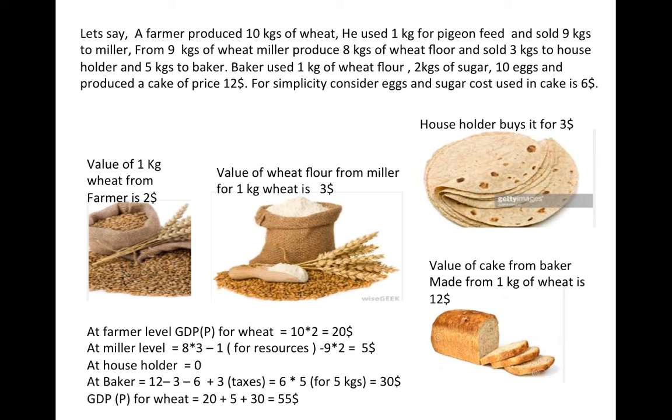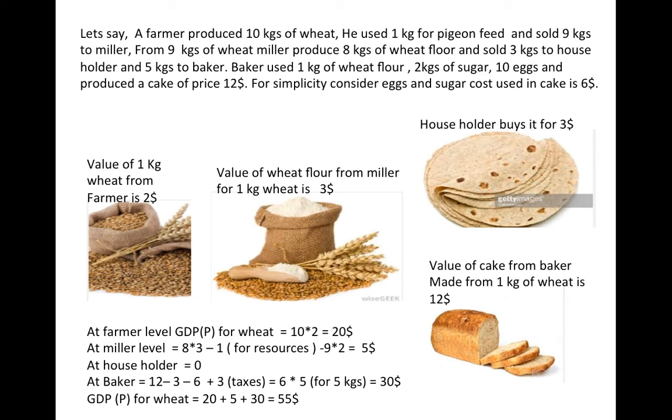Now see how we calculate GDP for wheat. At farmer level, he produced 10 kgs and sold for $2 per kg. So the value of wheat is 10 into 2, $20.